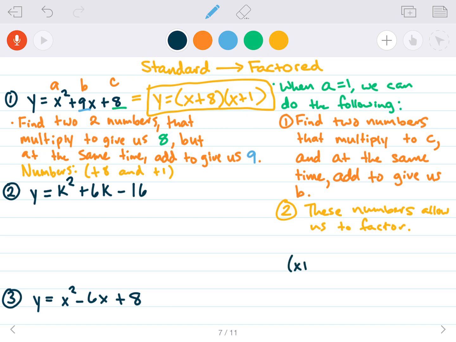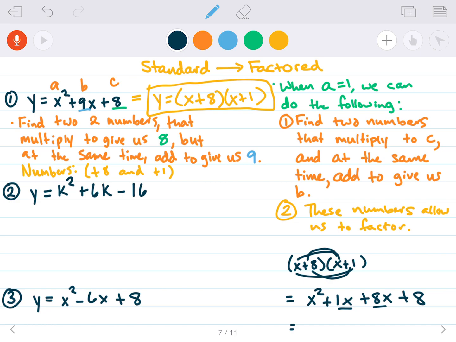We have x plus 8 times x plus 1. And we're going to FOIL this thing out. So first is x times x, x squared. Outer is x times positive 1, that's positive 1x. Inner is positive 8 times positive x, that's positive 8x. And last is positive 8 times positive 1, that's positive 8.